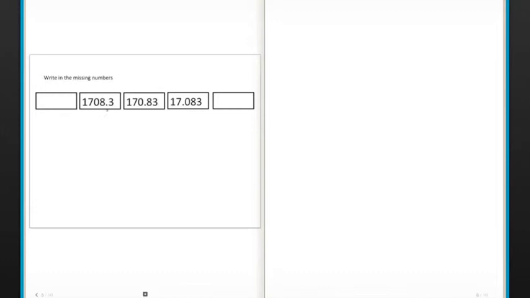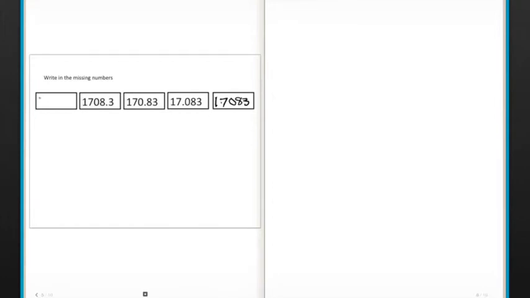So if I look here, the decimal point is 1 from the end, 2 from the end, 3 from the end. So in here it must be 4 from the end. So it'll be 1, 7, 0, 8, 3, 1, 2, 3, 4.